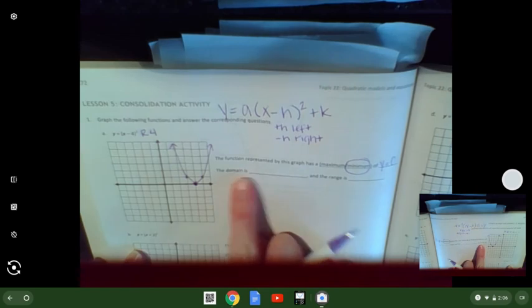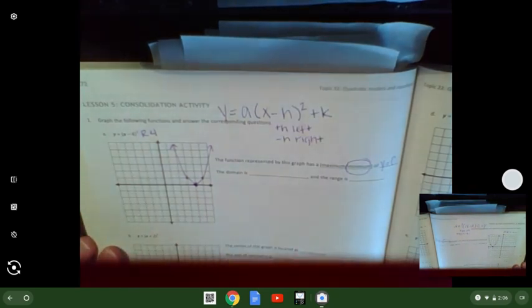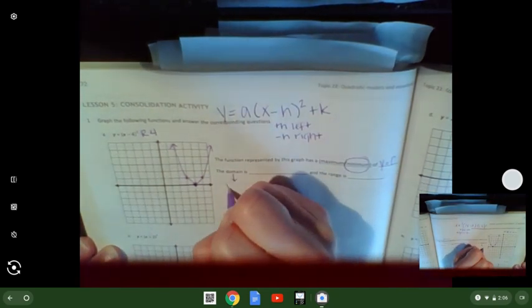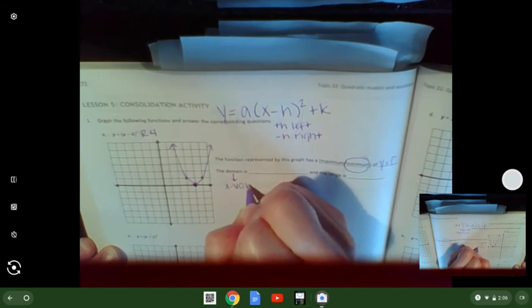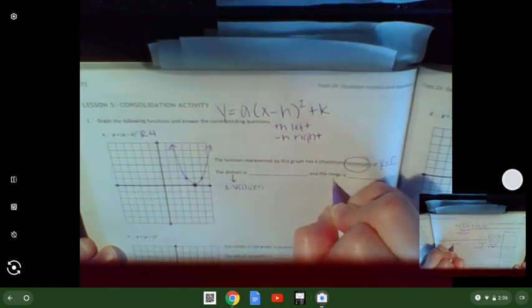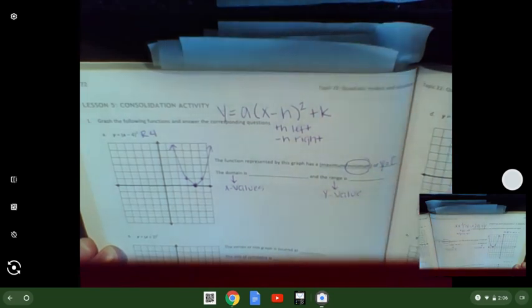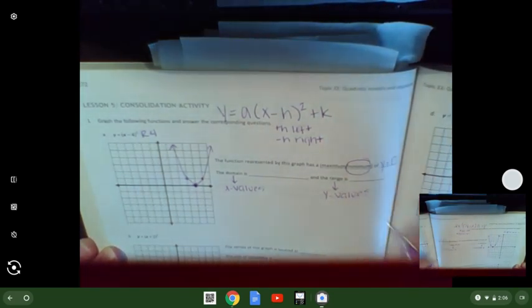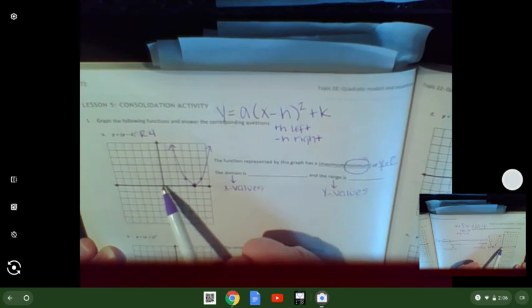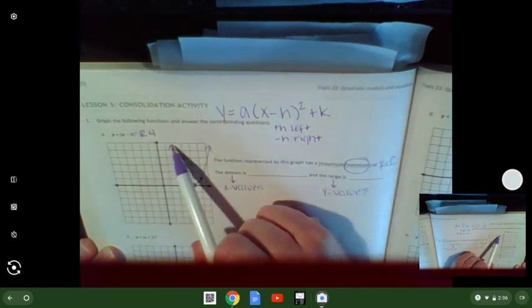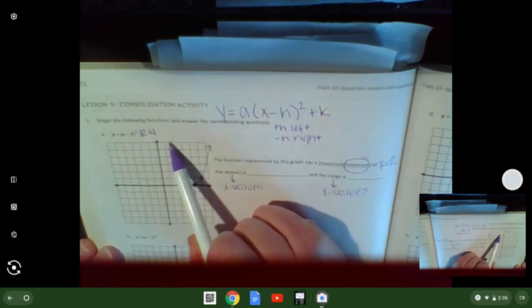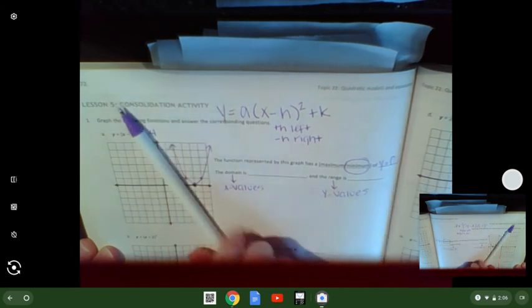Now, just as a reminder, it's been a while since we've talked about domain and range. Domain refers to the X values on my graph, and range refers to the Y values on my graph. So what X values are on my graph? Okay, well, I don't really see an X value of 1 being crossed, but think about what these arrows do. They're going up, but they're also very, very slowly going out.